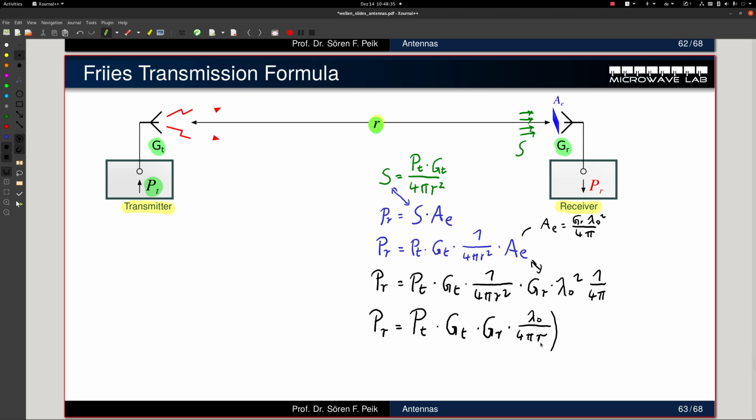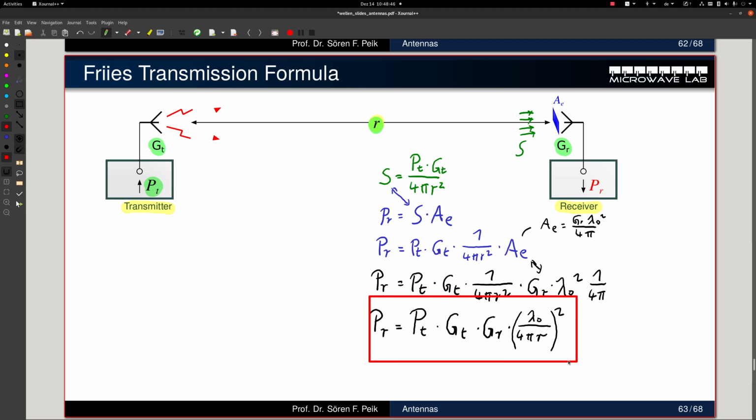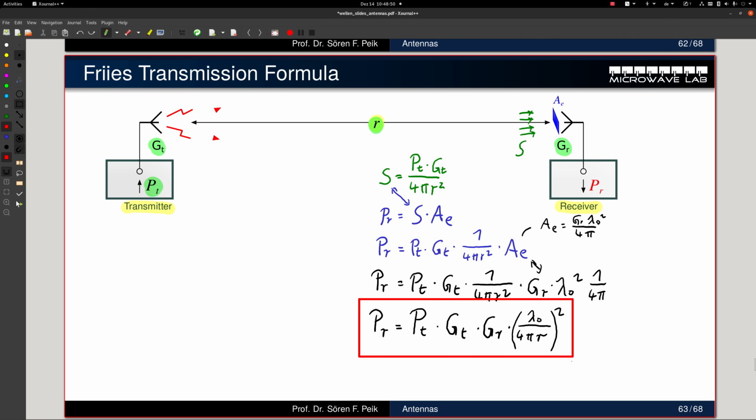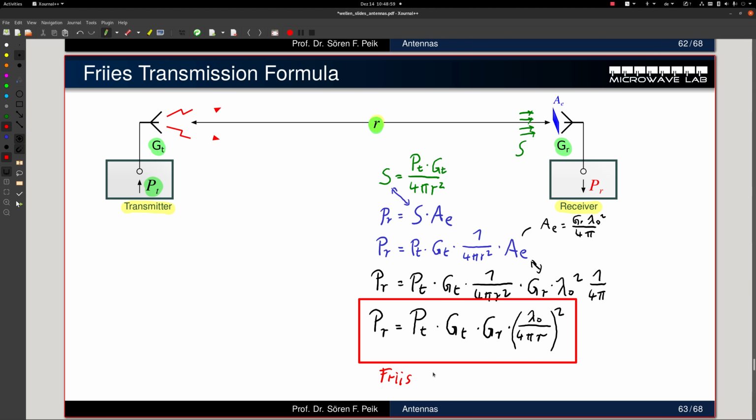So I can put all of that in a big square. This is known as the Friis transmission formula, by Mr. Friis, set up, I don't know, 1920s or so.